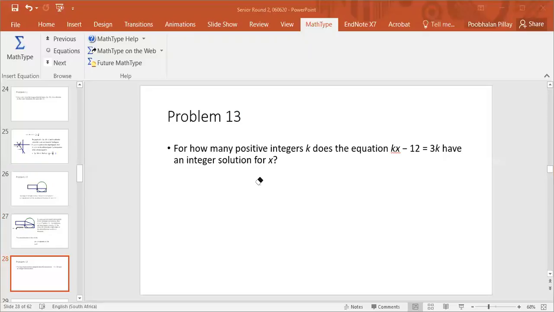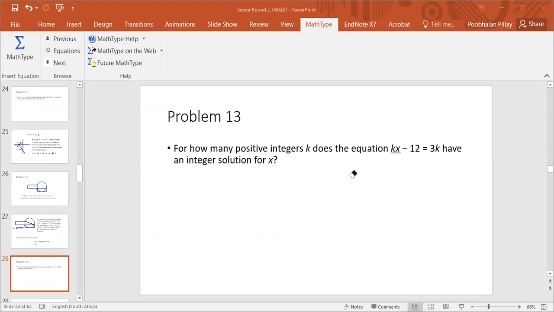Problem 13. For how many positive integers k does the equation kx minus 12 equals 3k have an integer solution for x? Now that's quite a mouthful. You have to try to understand what they are talking about here. So they want to know for how many positive integers k does this equation have an integer solution for x.